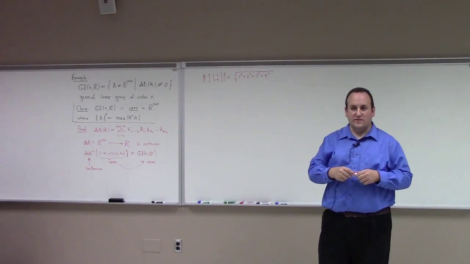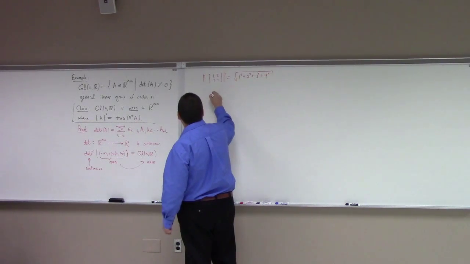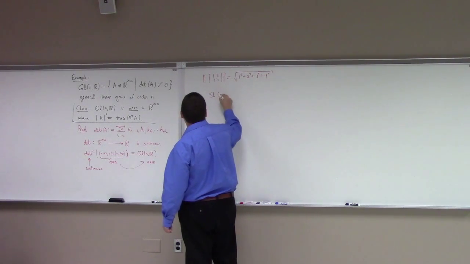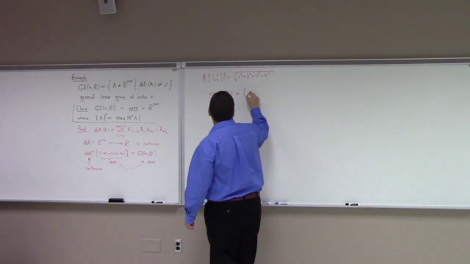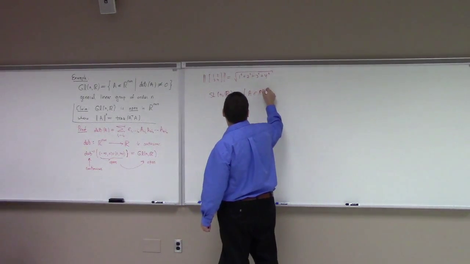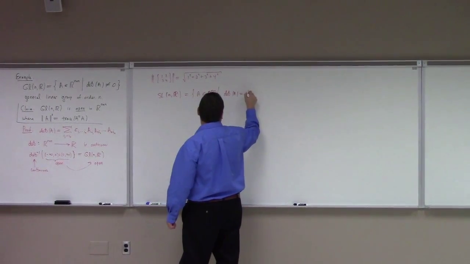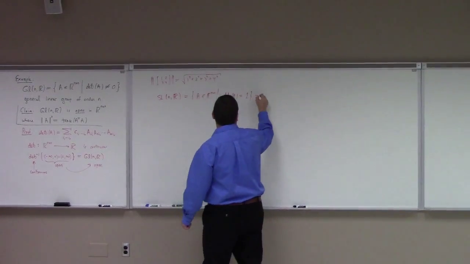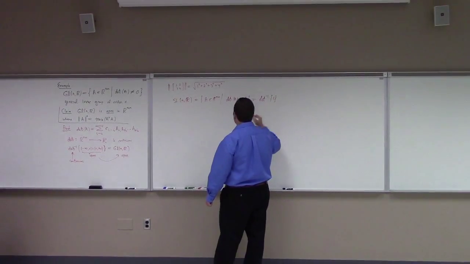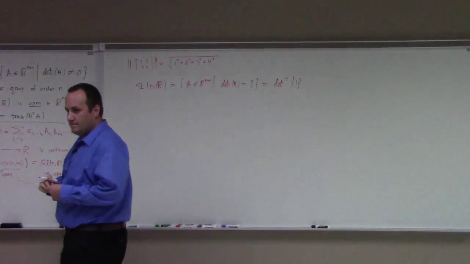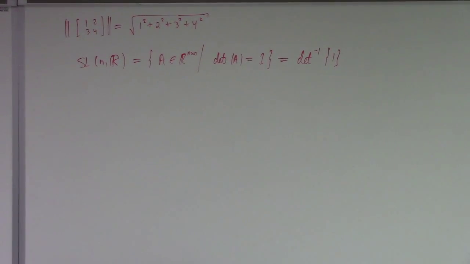Through similar arguments, you can show that here's another set of matrices which you sometimes like to look at, SLn(R). This is A in R^(n by n) such that the determinant of A is 1. So this is the inverse image under the determinant of the set just containing 1. What does it mean for a set to be closed?